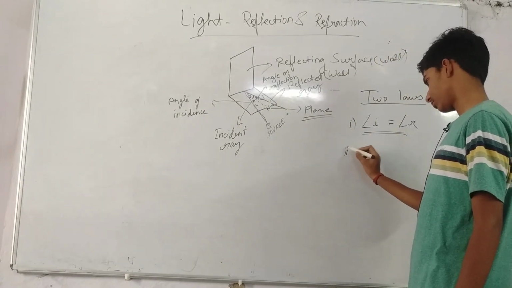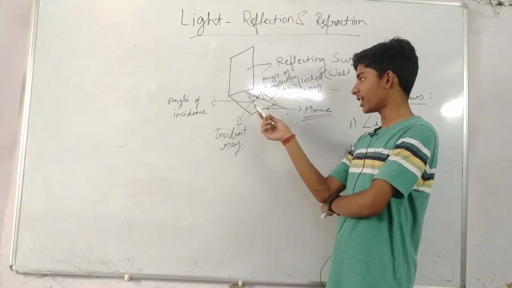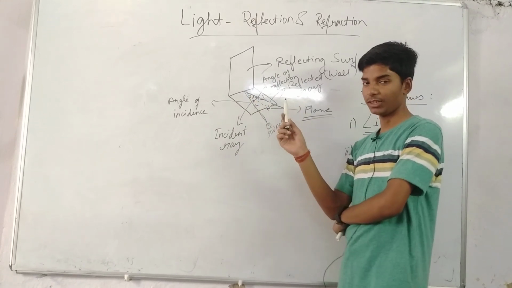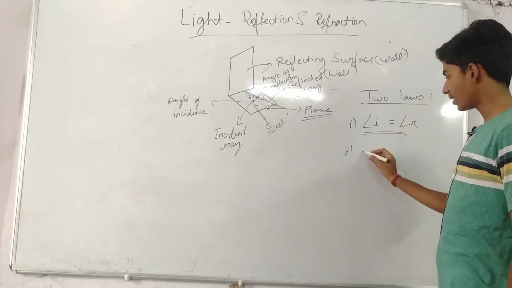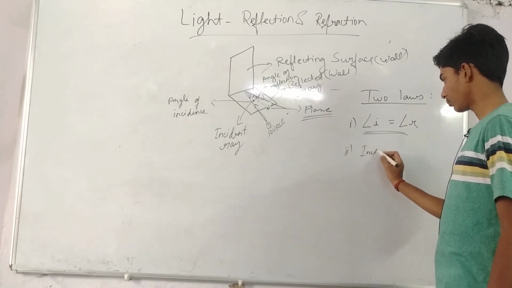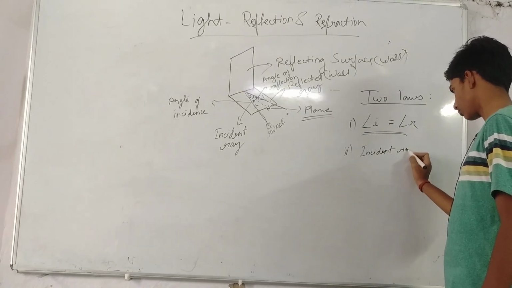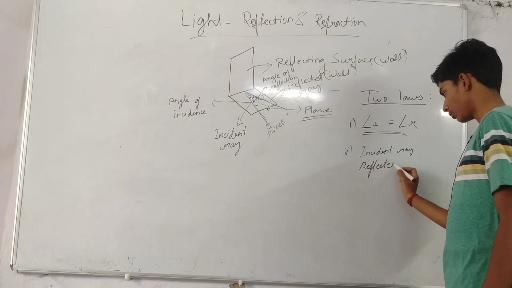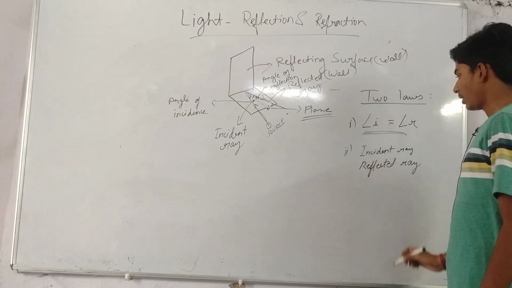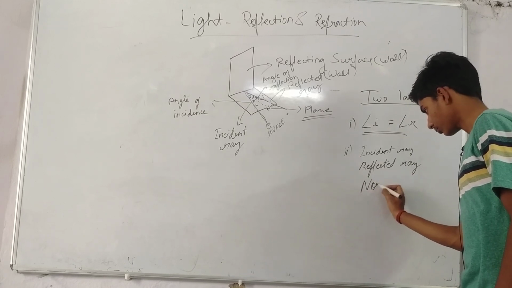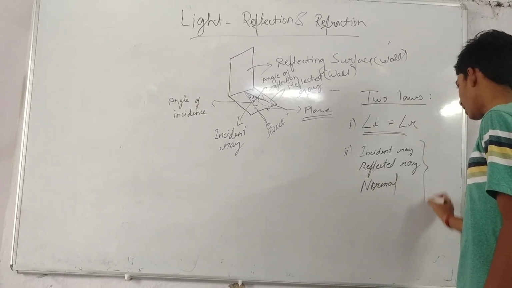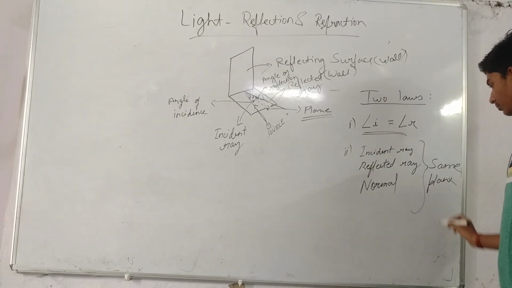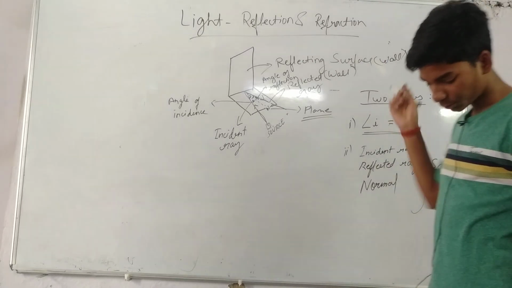Second law: you can see here that the incident ray, reflected ray and the normal all are in the same plane. So our second law is that the incident ray, the reflected ray and the normal all lie in the same plane. So these are the two laws of reflection.